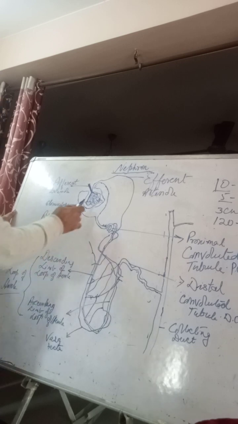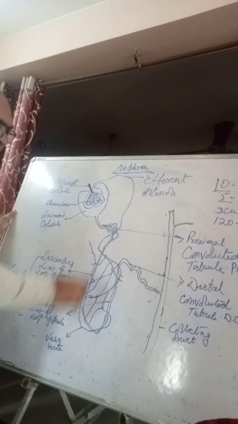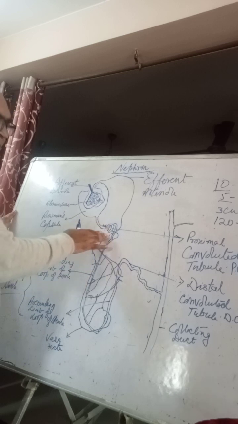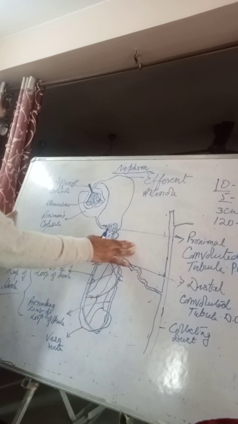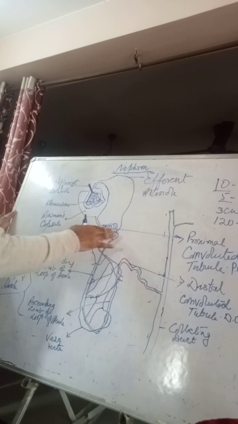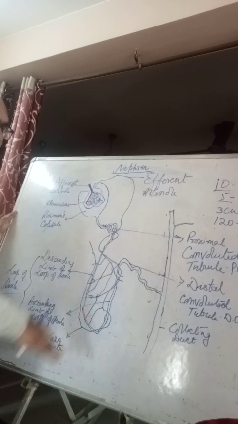How? Because now this filtrate is coming down to the PCT, the first bend, known as the proximal convoluted tubule. Here, selective reabsorption takes place after ultrafiltration. A lot of water is given back to the blood along with other substances.